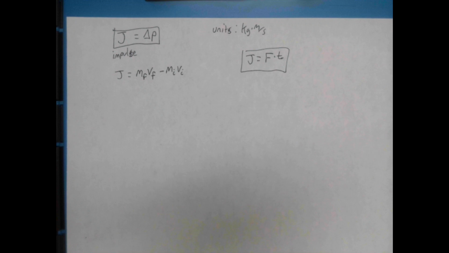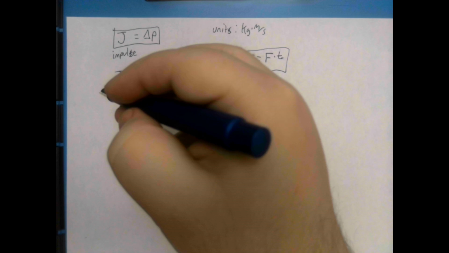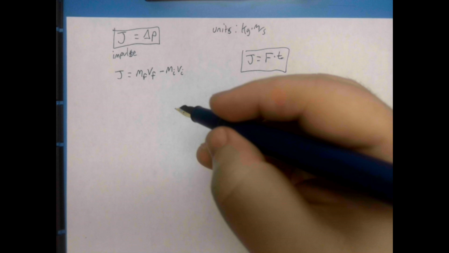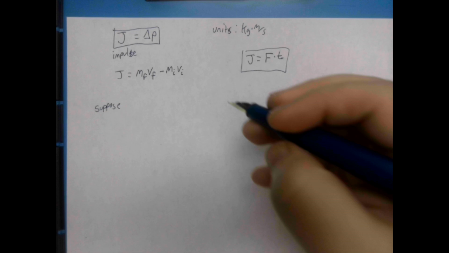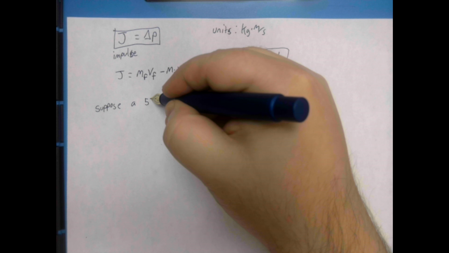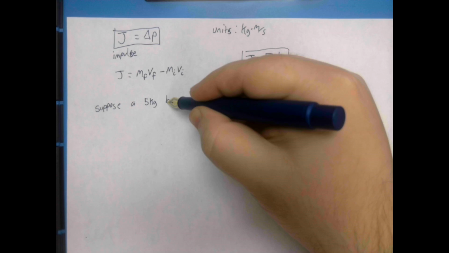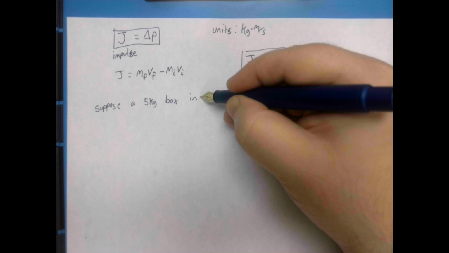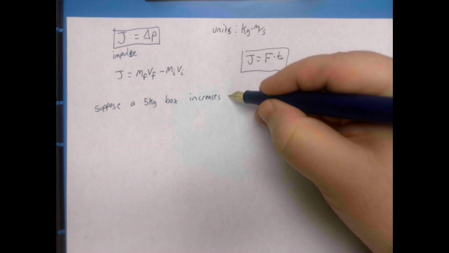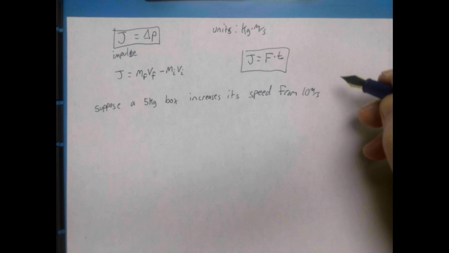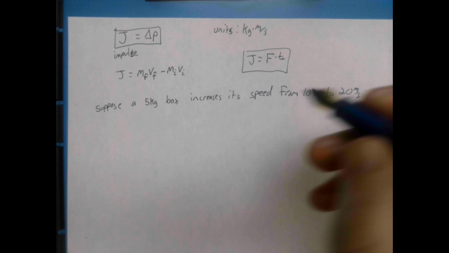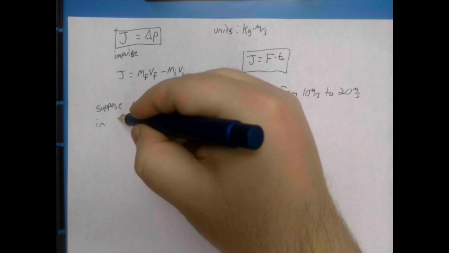So let's do an example. Suppose a 5 kilogram box increases its speed from 10 meters per second to 20 meters per second in 2 seconds.